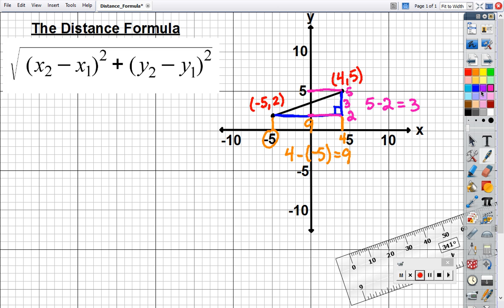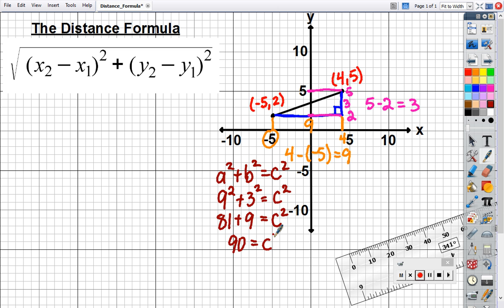And I know that in order to find the hypotenuse, I can apply the Pythagorean theorem: a squared plus b squared equals c squared. In this case, 9 squared plus 3 squared equals c squared. So 81 plus 9 equals c squared, and I get 90 equals c squared.